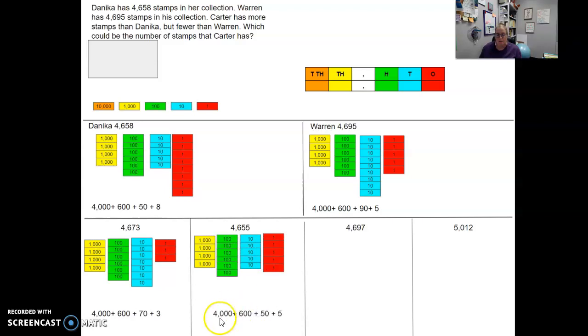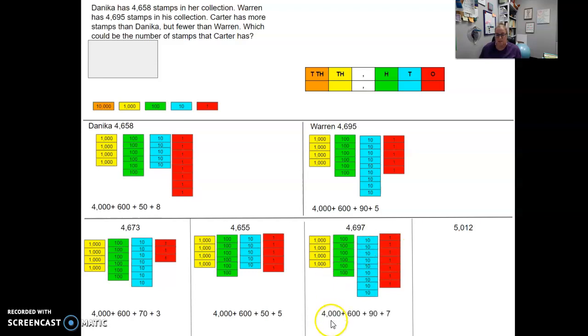In expanded form, it would be 4,000 plus 600 plus 50 plus 5. My next one is 4,697. So I'm going to have 4 groups of 1,000, 6 groups of 100, 9 groups of tens, and 7 groups of ones. In expanded form, it would be 4,000 plus 600 plus 90 plus 7.